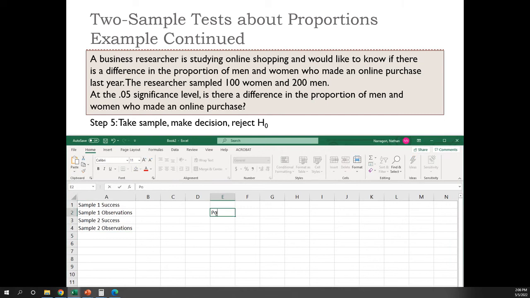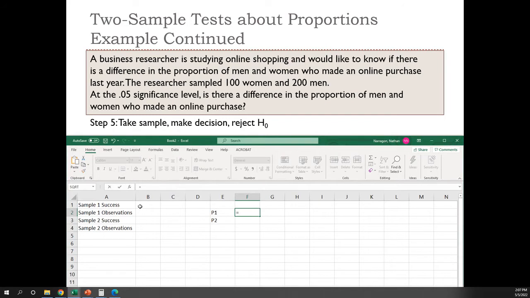First off, what we're going to do is the proportion of 1. So we're really just going to put P1 and P2. You can label them any way that helps you out. I'm just doing it this way.